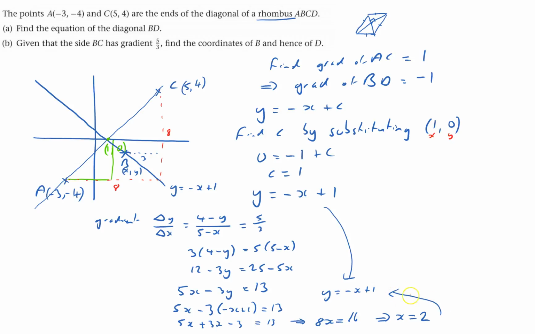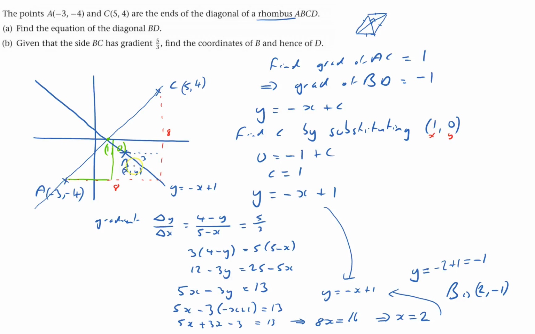And substitute that into there. Y equals minus 2 plus 1, which equals minus 1. So I've got B is 2, minus 1. But I knew that anyhow because I knew it had gone across 1, so that'd be 2 and down 1.